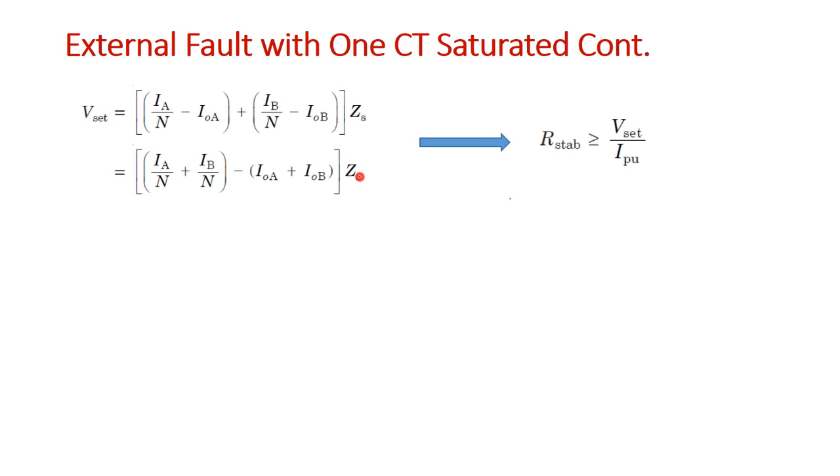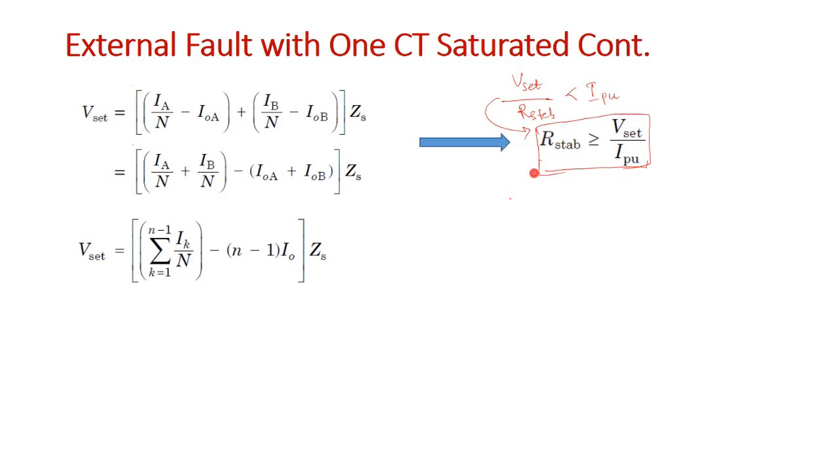So if you will see this equation, it should satisfy this equation, that your V set by R stabilizing will give a current through the spill path, and that current should be less than equal to I power unit, and from this equation we will find R stabilizing should be greater than equal to V set by I power unit, right. This is not less than equal to, this is only less than I power unit, right, and this will lead to R stabilizing greater than equal to V set by I power unit.